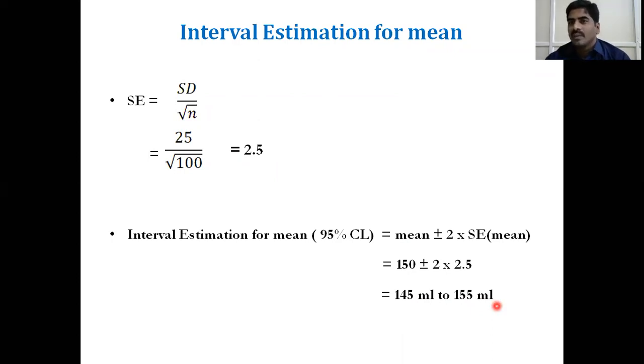In the sample, mean blood loss is 150 ml, and we are finding statistics for the population. So what is the interval estimation? 145 ml to 155 ml. That means the population parameter, that means the population mean, lies in the interval between 145 ml to 155 ml. Okay. So this is the way we calculate the interval estimation for proportions and interval estimation for mean.